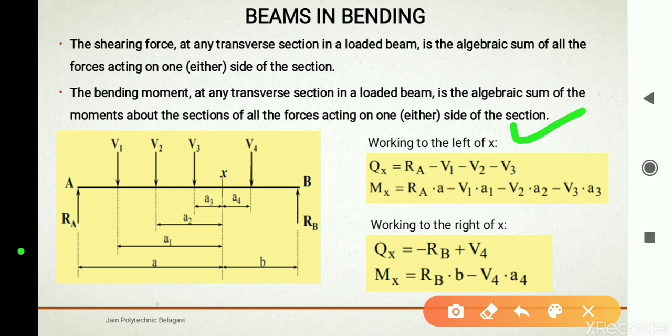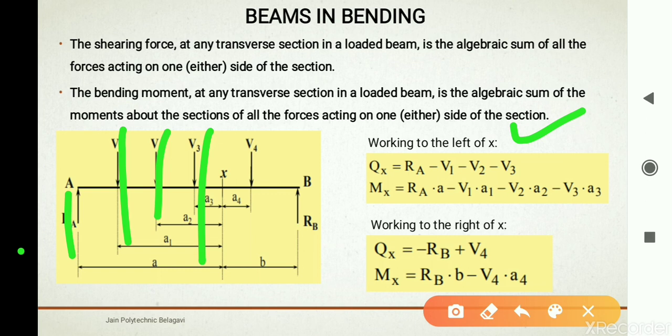Here they have taken the left force, that is reaction force Ra, which is acting upwards as positive, and minus V1 is acting downwards, minus V2, minus V3. Then they are not going beyond the x section, right? So only the left part of the section x they have taken.